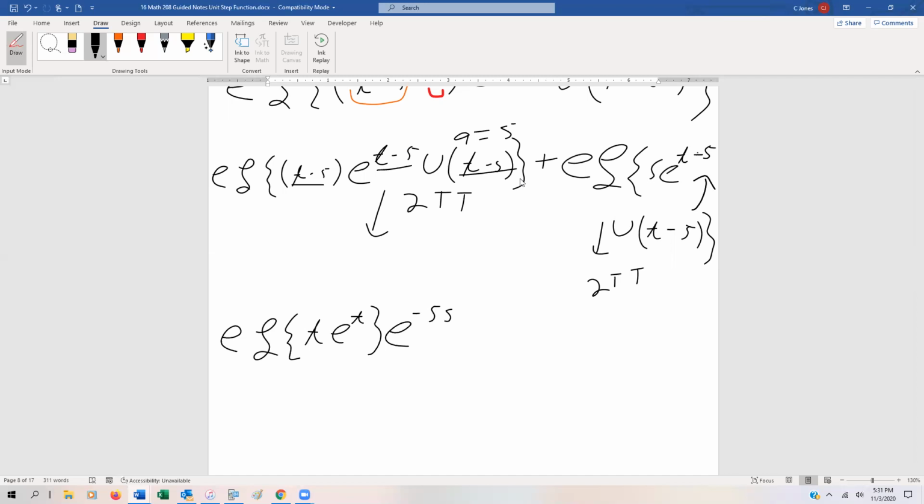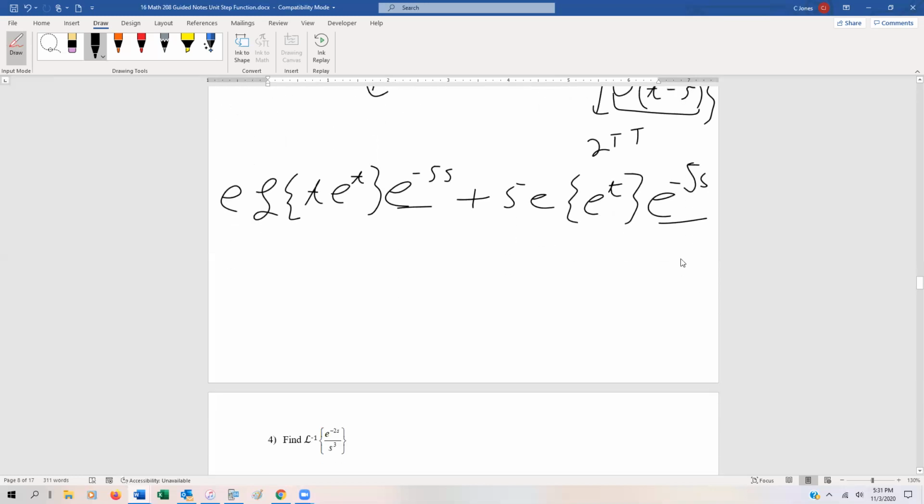The 5 can come on the outside, so we're going to get plus 5 times the Laplace of e to the t, and we have our e to the negative 5s. All right, so again, the unit step function and all the t minus 5s are just turning into this e to the minus 5s. All right, that's what it does.